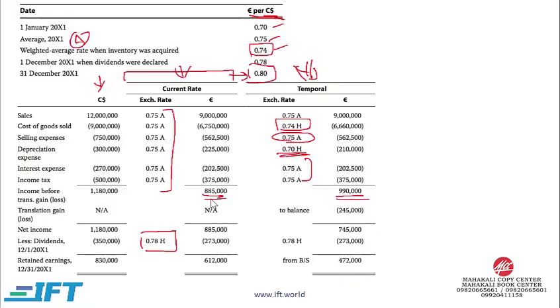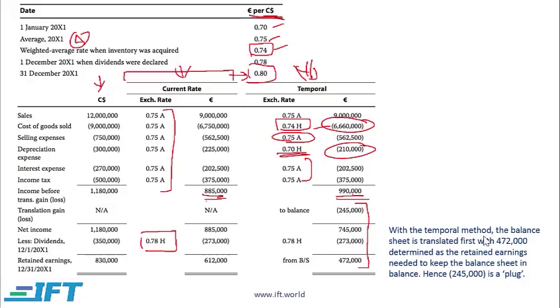There is a small difference in the income before translation gains and losses, and that small difference can be attributed to using a different rate for the non-monetary expenses, inventory and depreciation. Then these particular items need to be arrived at after we study the balance sheet.